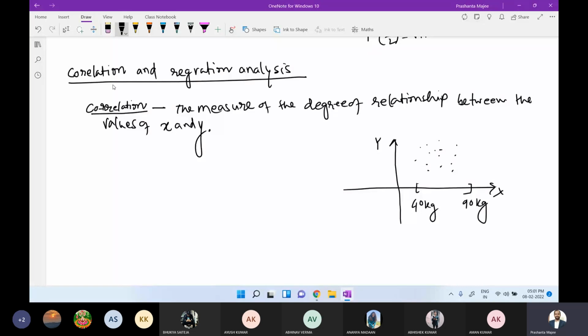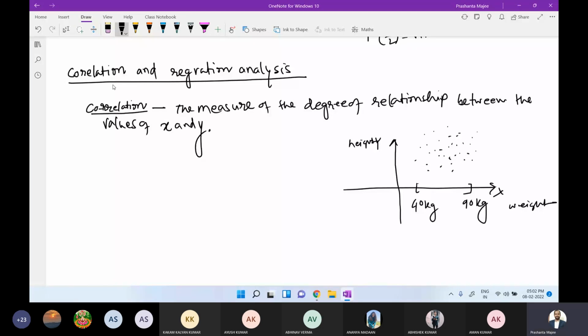So this side is height, the y-axis, and the x-axis is weight. You collect the data, their height versus weight, and you try to see if there is any relationship between the values of x and the values of y. In other words, is there a relationship between height versus weight?